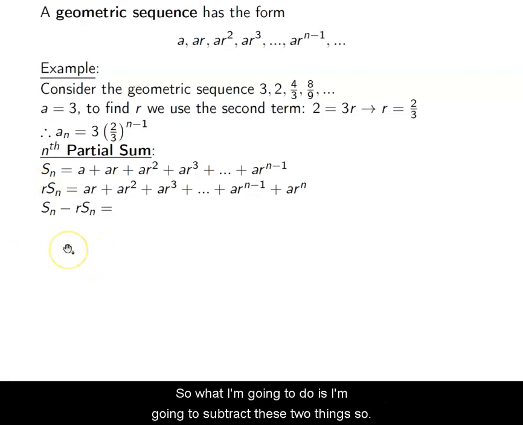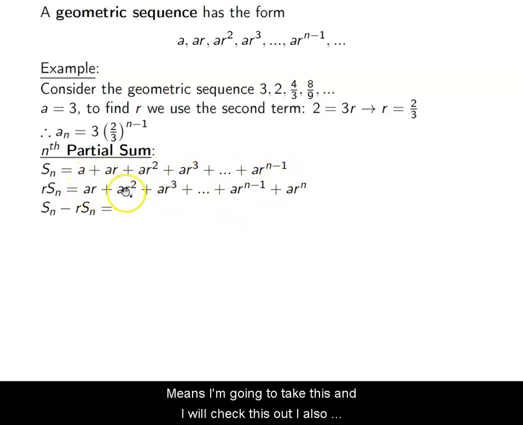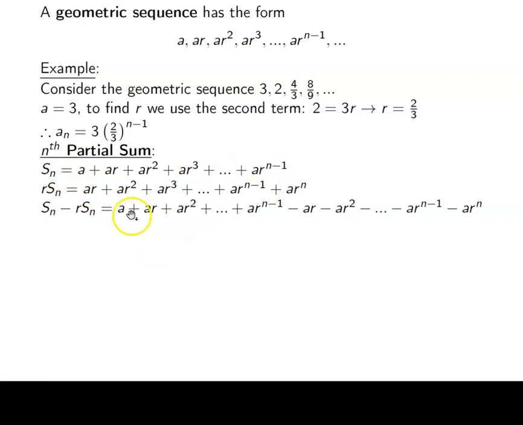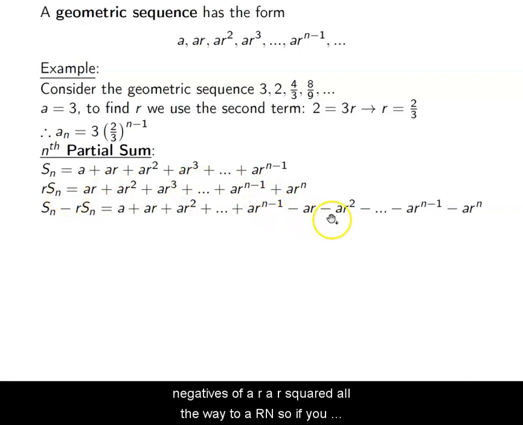So what I'm going to do is subtract these two things. Sn minus r Sn means I'm going to take this and subtract this value. I'll do it term by term. So I will have from a to a r to the n minus 1, minus each of these, so all these signs are going to turn negative: a r squared all the way to a r to the n.